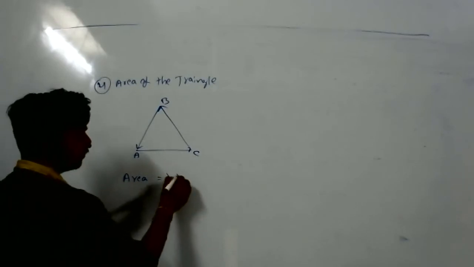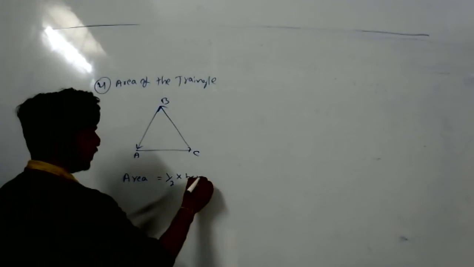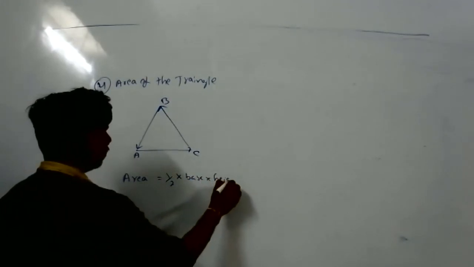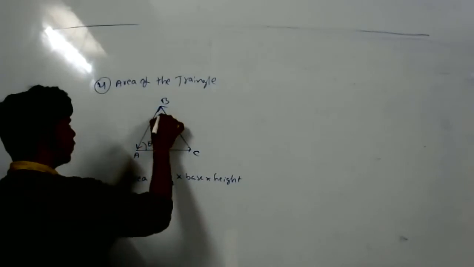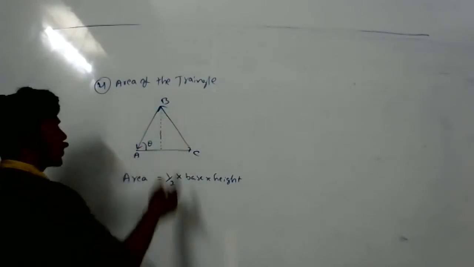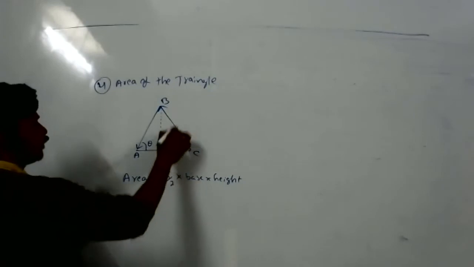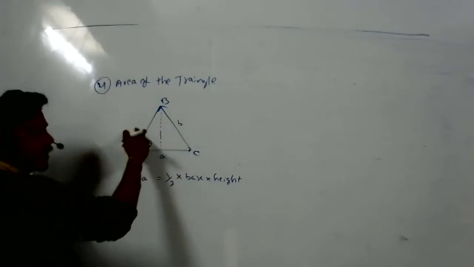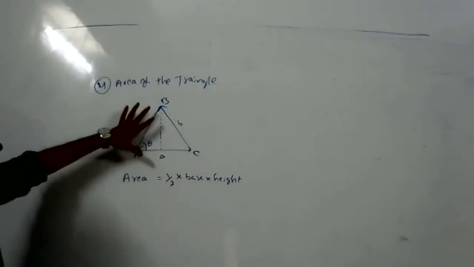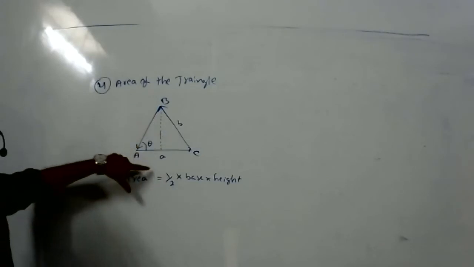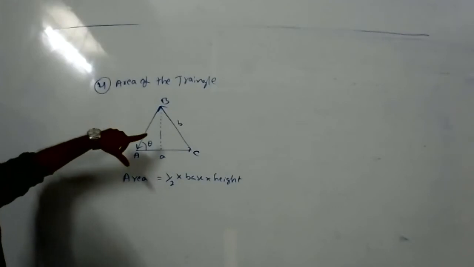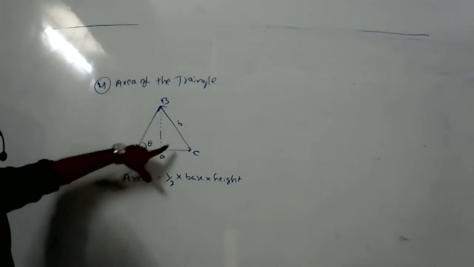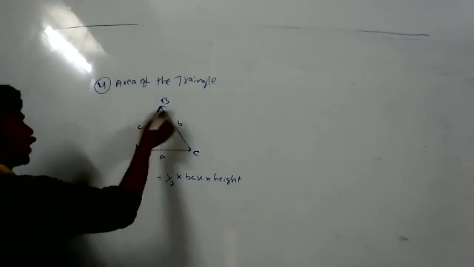Half into base into height. Take it as theta. Draw one perpendicular line. So the height we can write as C or something, or leave it like that. Okay, it is A, it is B. Two sides we can take as A and B, or take A vector, B vector, C vector, no problem.